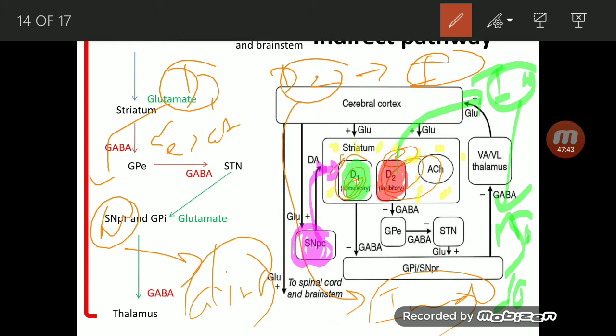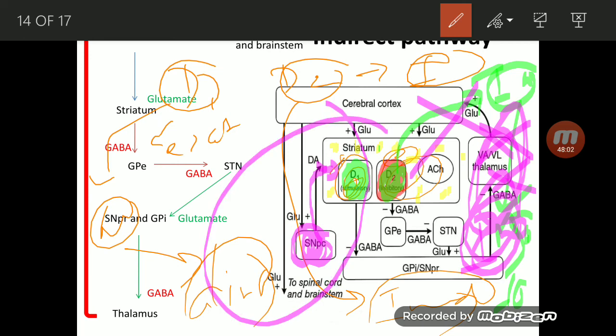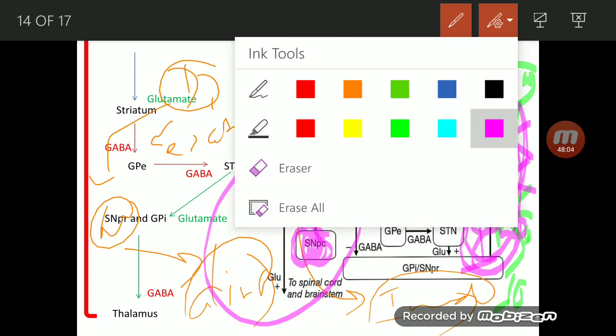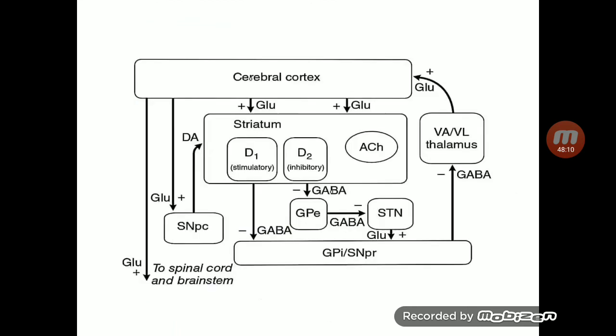So when dopamine binds to your D2 receptor, which is inhibitory in nature, it is going to inhibit your indirect pathway signaling. Since it is blocking your don't move signal, the only signal that is left is the move signal. So you get a movement.